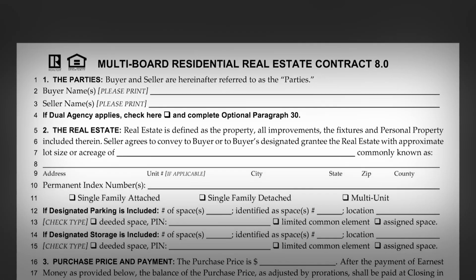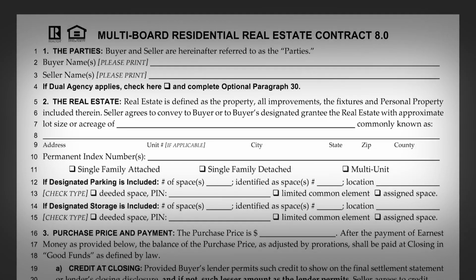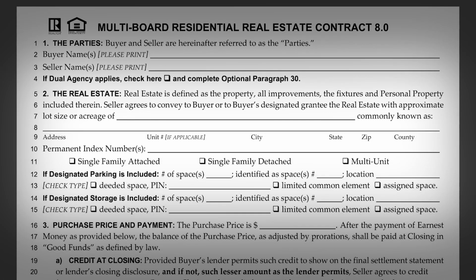Okay. Next we get into property details in section 2, real estate, page 1, paragraph 2. This is not a change from previous. Include your property address, of course, and very important is that on line 7 you include the lot size or acreage. Per survey is not appropriate.